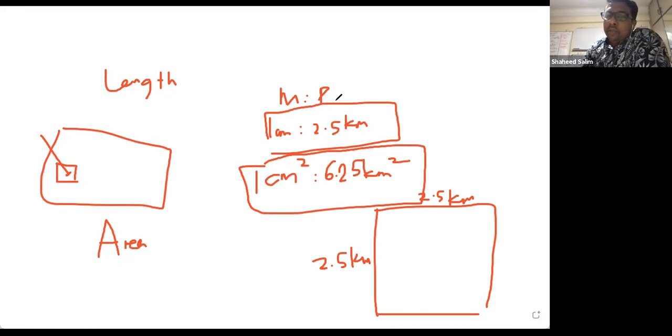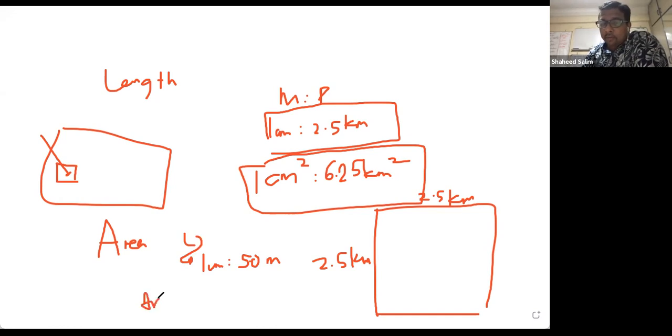So if they give you the units, let's say 1 cm is to 50 meters. This is for length. Remember, this is a scale for length. You want area, you just square it. 1 squared, you get 1 still, right? cm square. 50 squared, you must square the 50.